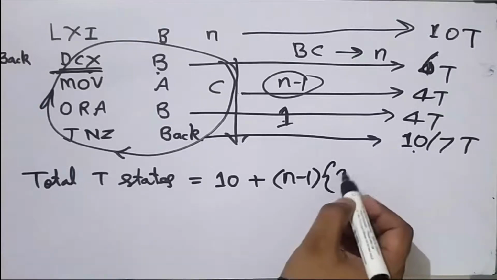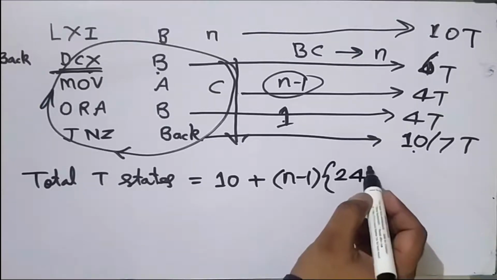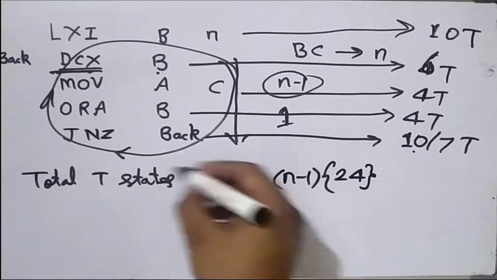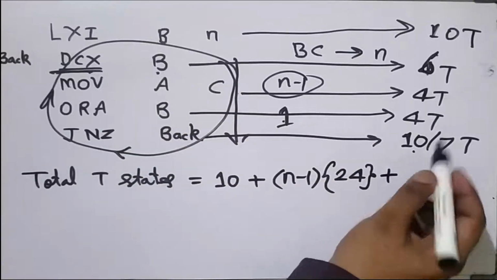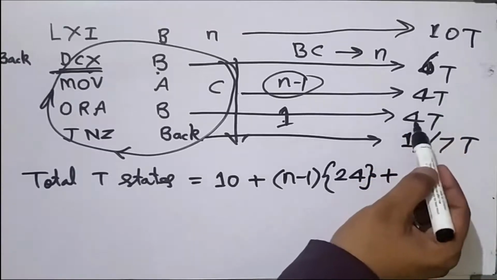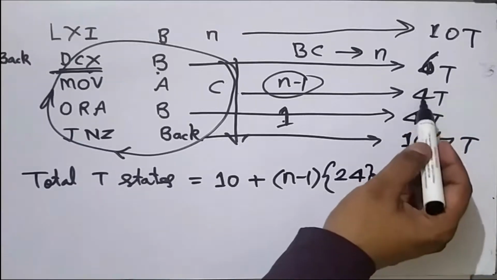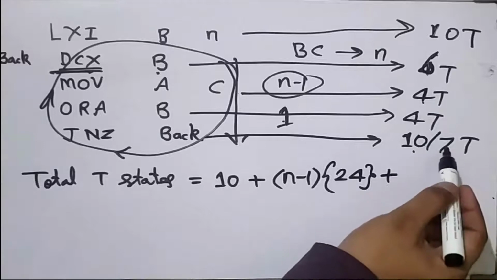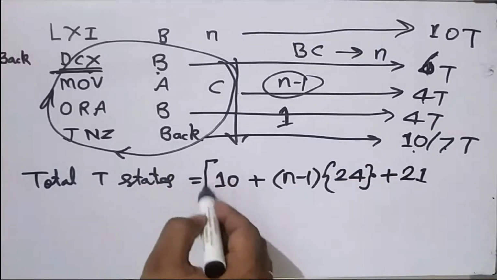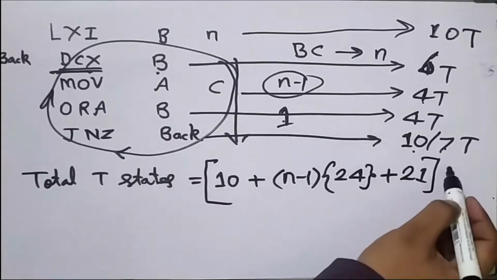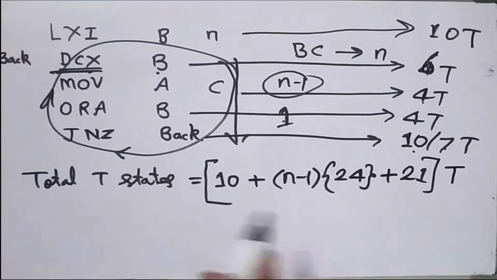There will be 24 T states consumed in each closed loop. Now the last loop: 6 plus 4 plus 4 plus 7, 10, 14, 14 plus 7, 21. These are the T states required in this program.